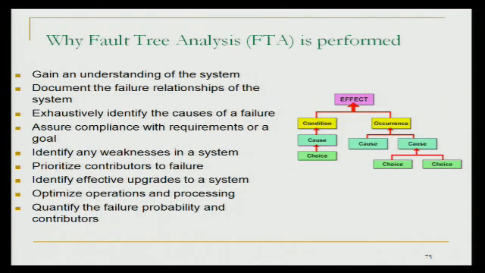Why do we do these? Because these effects can have a very big impact on people's lives, financial, et cetera. It's also done to gain a really good understanding of the system. What I found is by getting a bunch of stakeholders in a room and literally brainstorming on what could make the system fail, you actually learn a lot about the system.